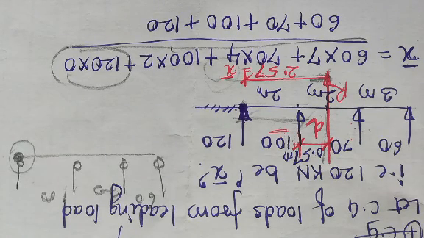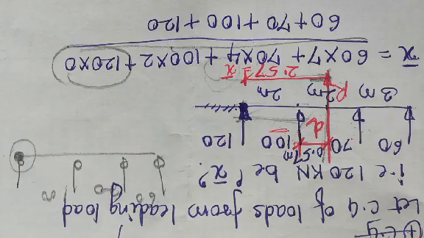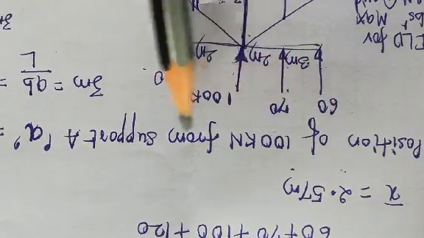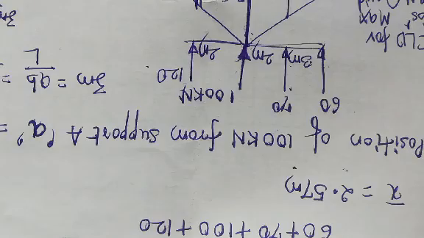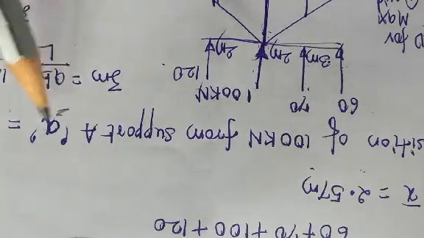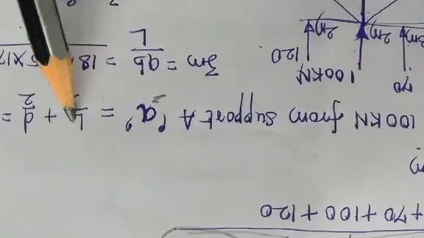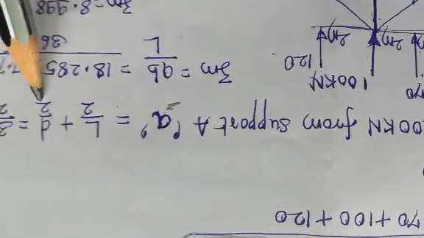Now where should I place this heavy load 100 kilonewton from support A? The position of 100 kilonewton from support A, I have just named it as A distance, you can name anything, x, y, z also, is given by L by 2 plus D divided by 2.